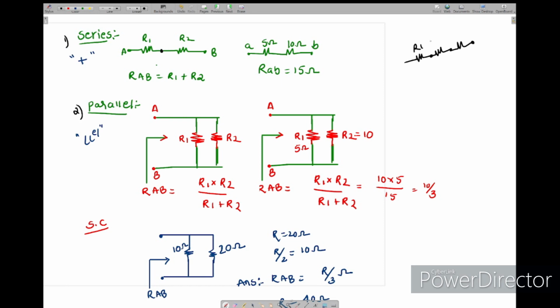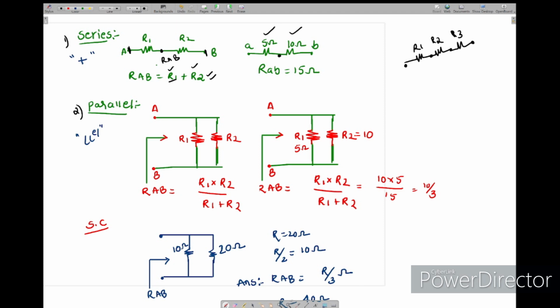This is a series configuration. To find the equivalent resistance across these two, A and B, we should add the two resistors. That's why RAB equals R1 plus R2. For example, I have taken one example here: 5 ohm and 10 ohm.